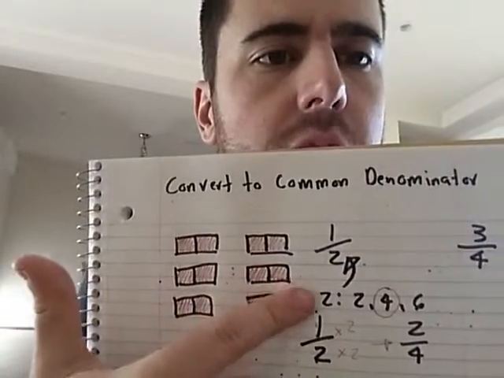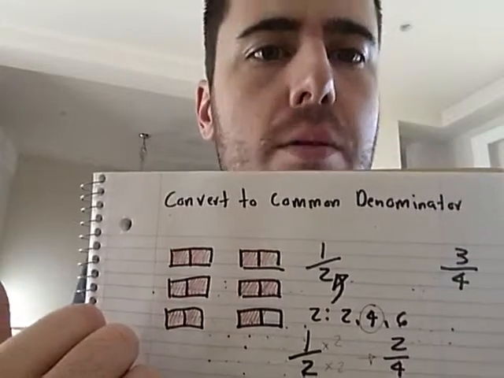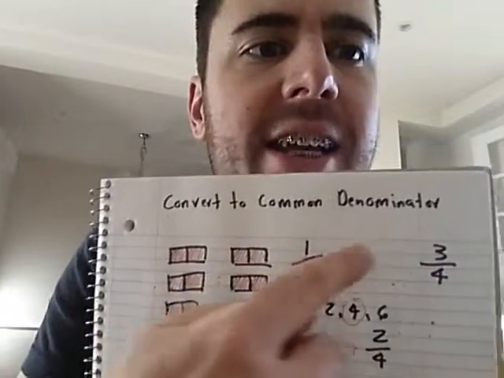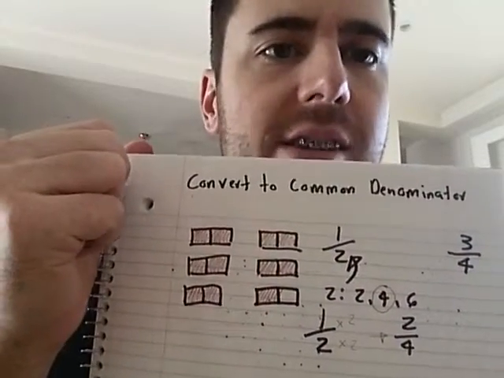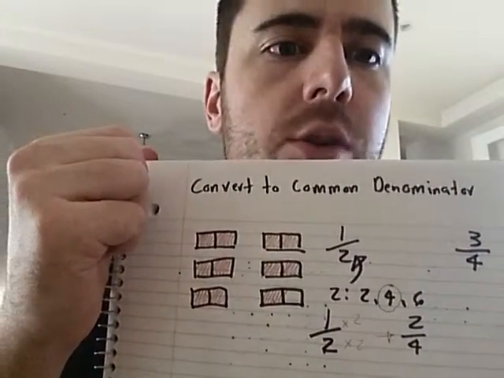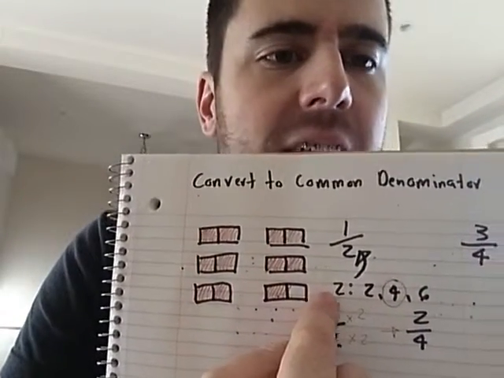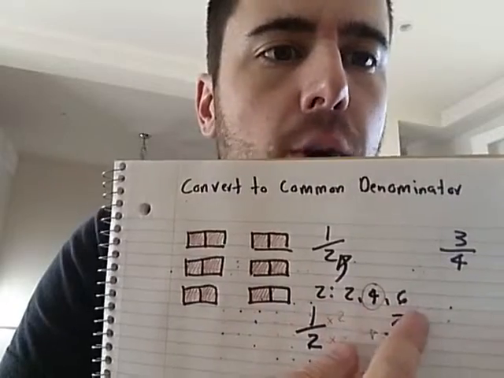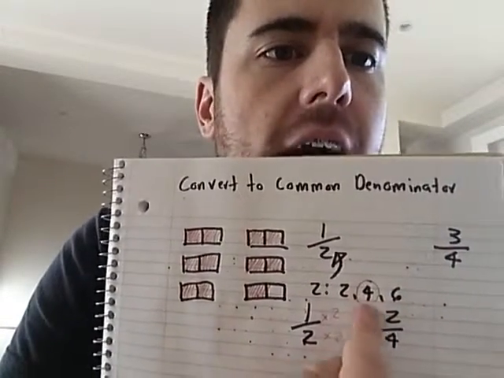The first thing we're going to do is convert our halves to a least common multiple, just so that we can deal with the fourths better with the halves. So just like the last normal problem, we're going to use LCM. And again, it's fourths, so we're doing the exact same thing. For 2, we list out all the multiples, 2, 4, 6, and I stopped at 6 because we see right away, aha, 4.